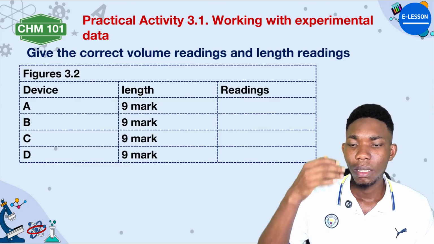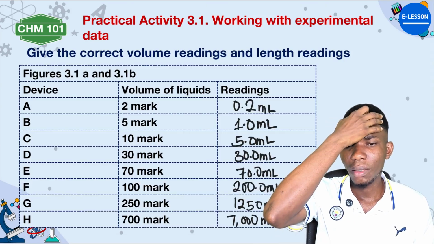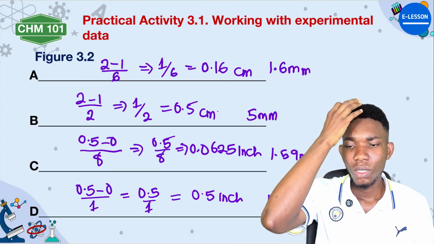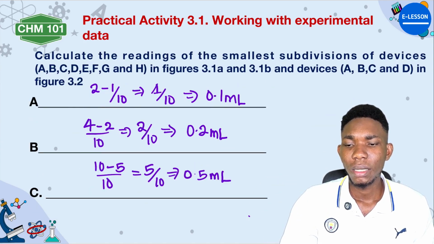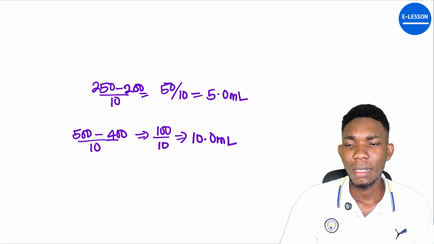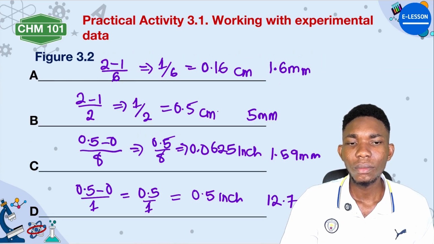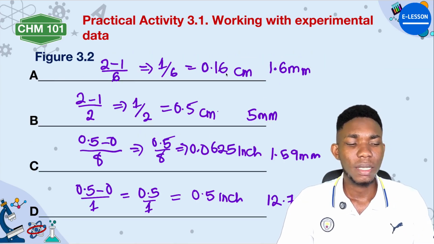Then for the other devices, the ruler, we have the 9 mark. What do you think the measurement would be? That one, we had it as 0.16 cm.